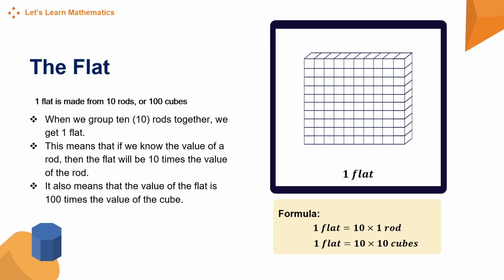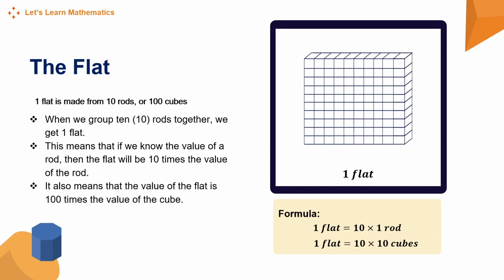Similarly, if we know the value of a cube, since the rod is 10 of the cubes, it means if we want to know the value of the flat, we have to multiply the value of the cube by 100. That is, 1 flat is the same as 100 cubes. So if we know the value of a cube and we want the value of a flat, we have to multiply the value of the cube by 100.